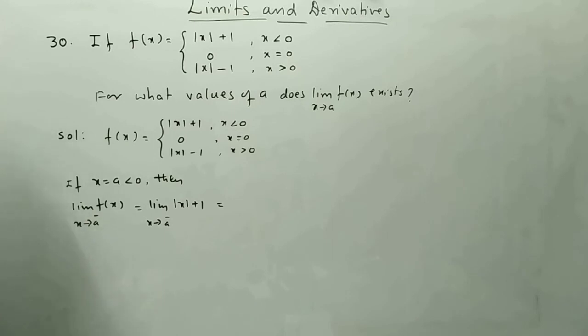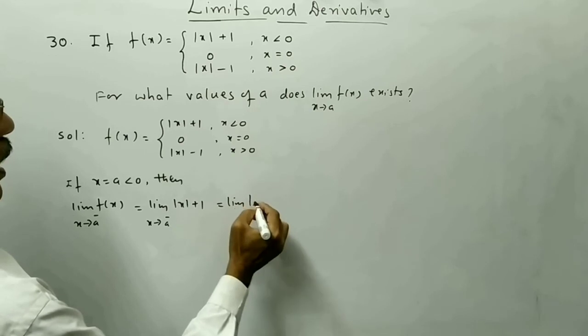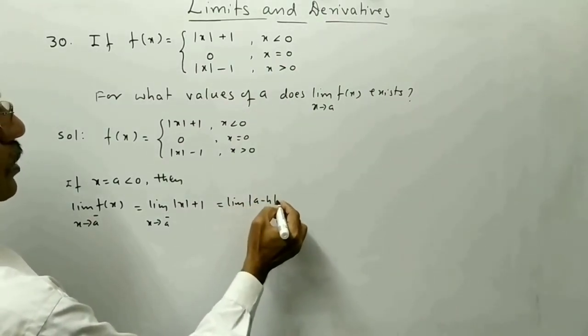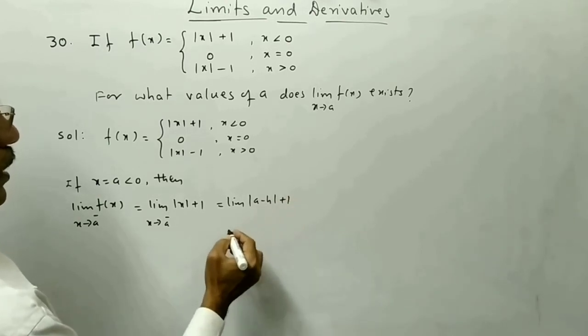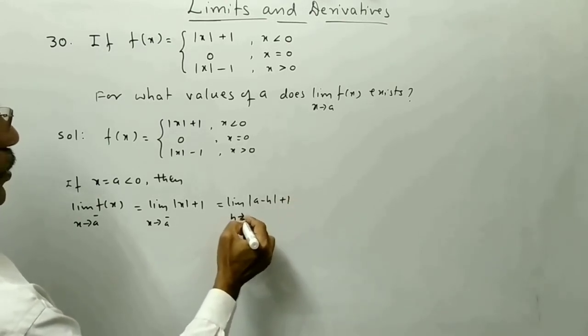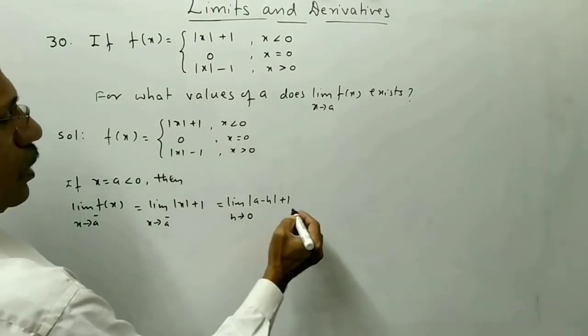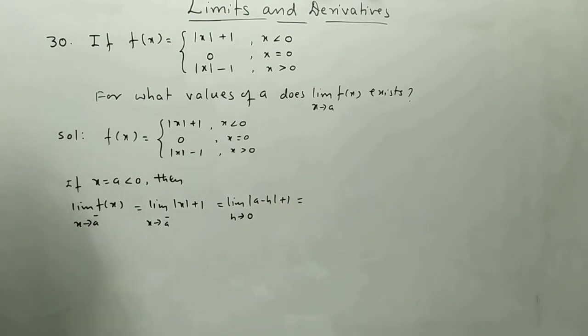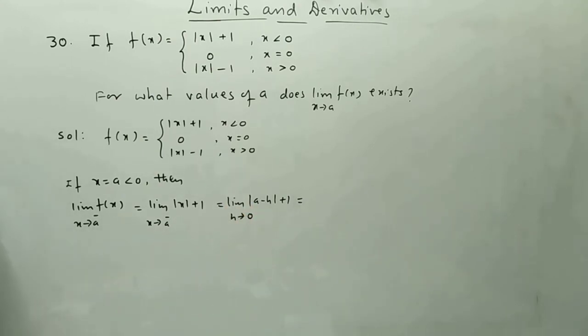For the left hand limit, x can be taken as a minus h, plus 1 as it is, when h tends to 0. Now consider a minus h and also take a is equal to minus 1.